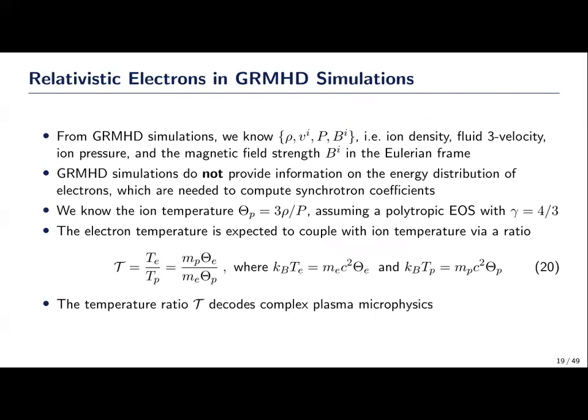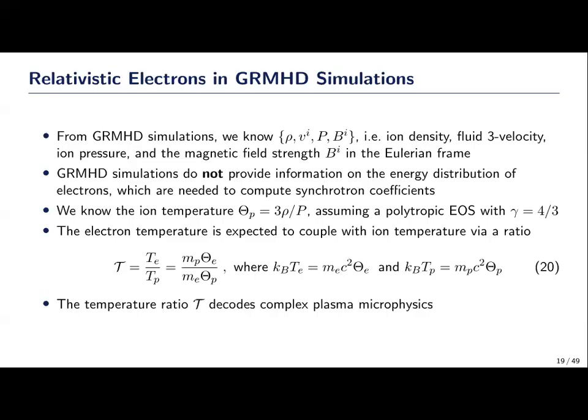We describe the turbulent accretion flow onto supermassive black holes with GRMHD simulations, which means that we have the ion density, the bulk velocity in a differentially small volume element of fluid, the pressure, and the Eulerian frame magnetic field accessible to us, and that's it.